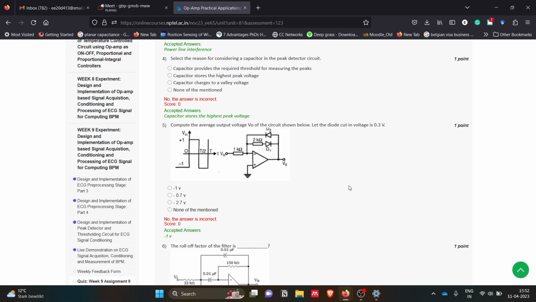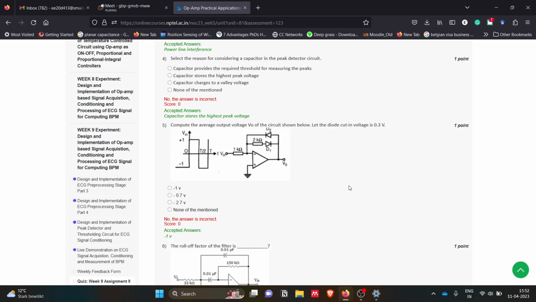We have two diodes, D1 and D2, a 2 kilo ohm resistor, and a 1 kilo ohm resistor, we have the input, and this is grounded, V0.